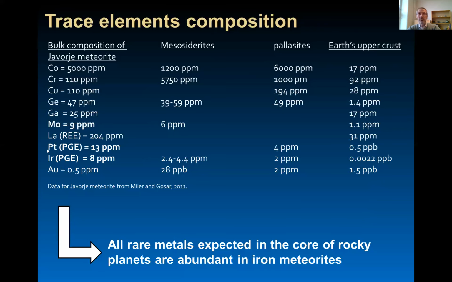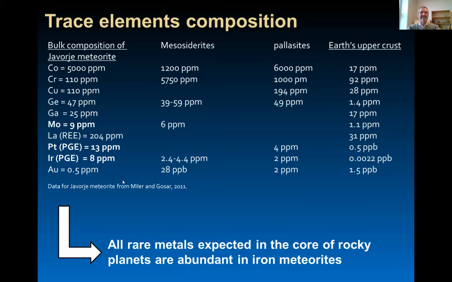The iron meteorites are very enriched in platinum and other platinum group elements, 13 ppm compared to 0.5 ppb in the crust of Earth, 4 ppm only in pallasites, so much more enriched in iron meteorites. Iridium as well, much more abundant compared to other meteorites and the crust of Earth.